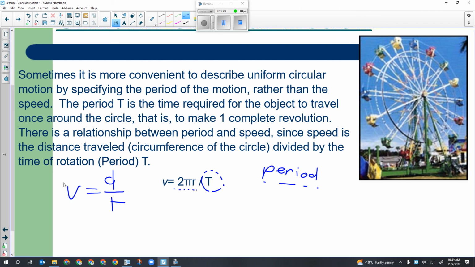That's what period stands for, and it is always abbreviated capital T. So if I want to calculate the speed that something moves in a circle, I take the circumference of that circle, I divide it by the time for one cycle of the circle, and I'm off. Now, period is measured in seconds per cycle.